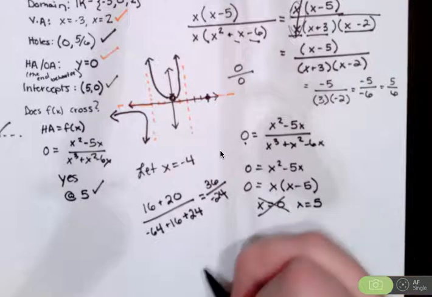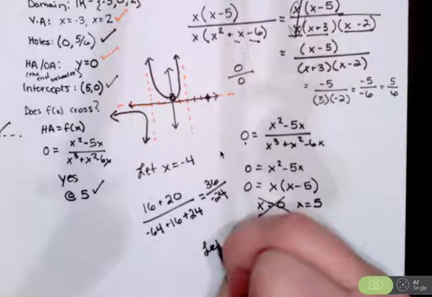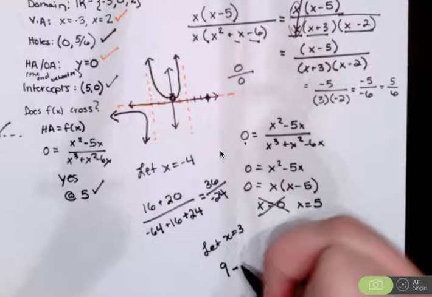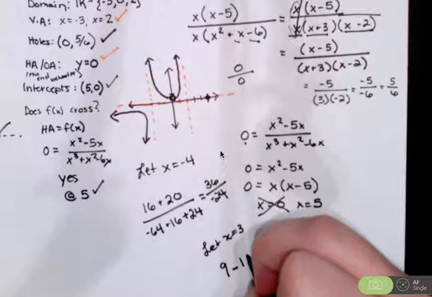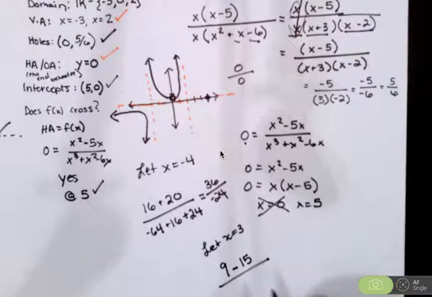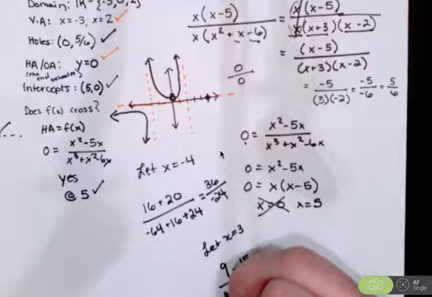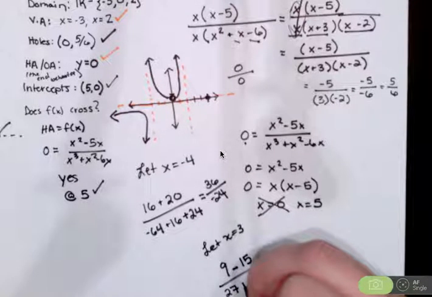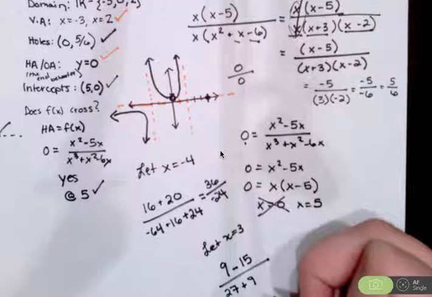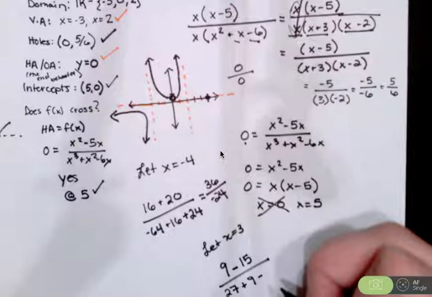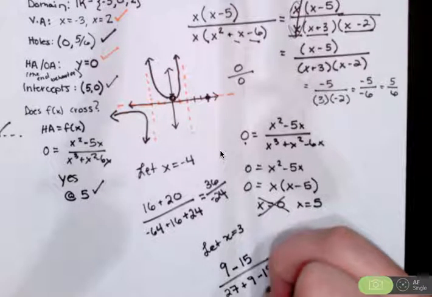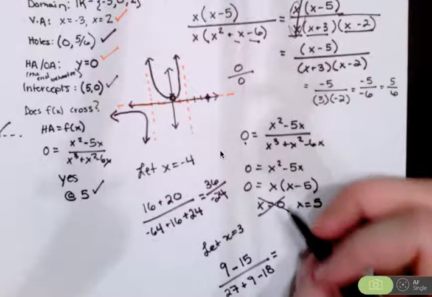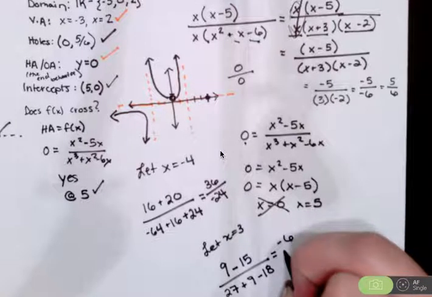If you look back at your equation, I'm going to let x equal 3. 3 squared is 9 minus 5 times 3 is 15. 3 cubed is 27. Plus 3 squared is 9. Minus 6 times 3 is 18. So then I get 9 minus 15 is negative 6.